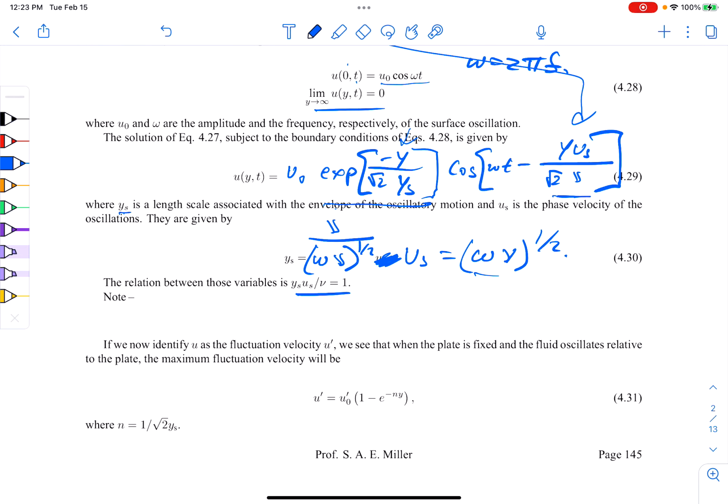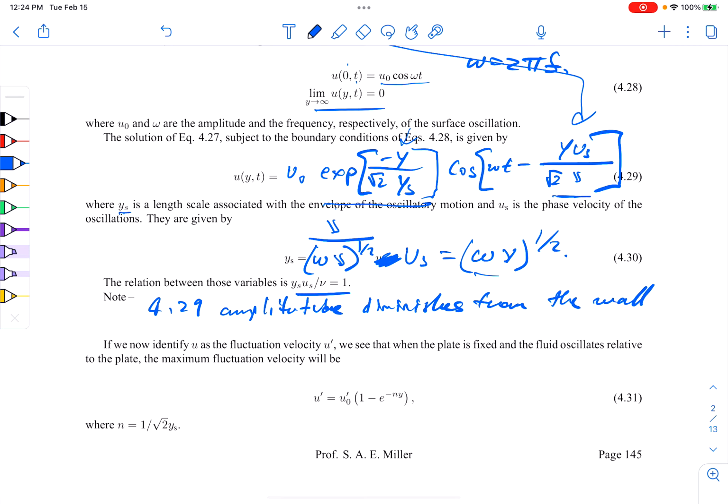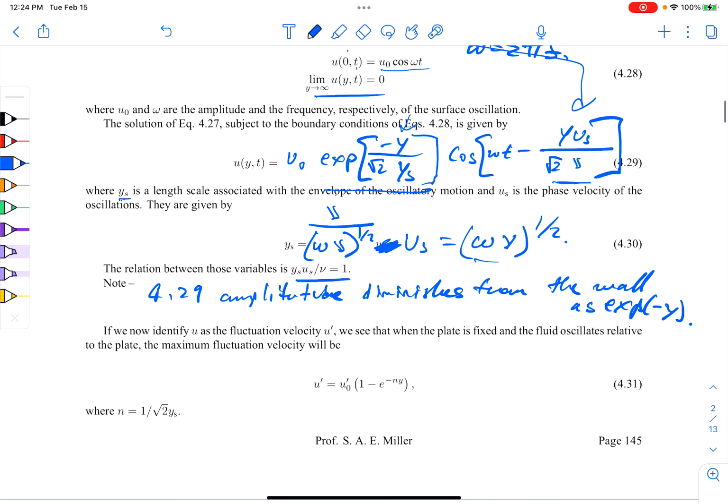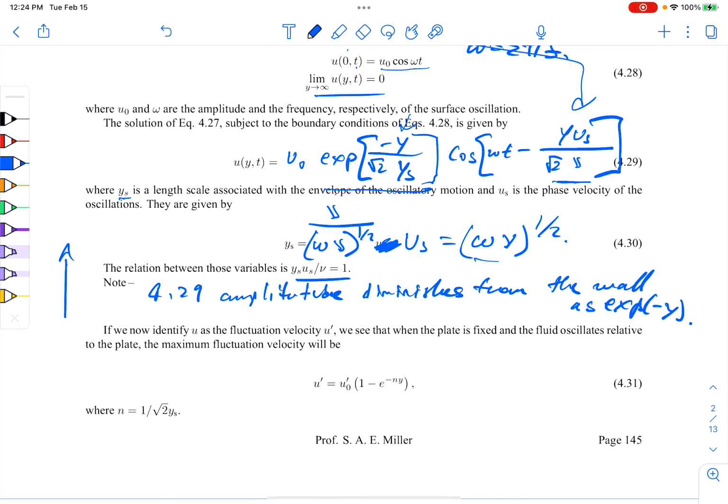So from equation 4.29, we see that the amplitude diminishes from the wall, which is an important point I wanted to write down. Okay, so how would that look? Of course, there's some amplitude, and there's distance from the wall, and it should go like this.